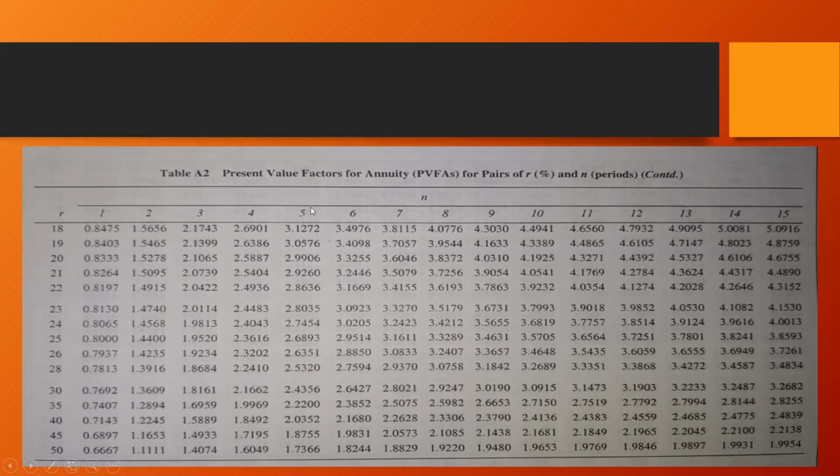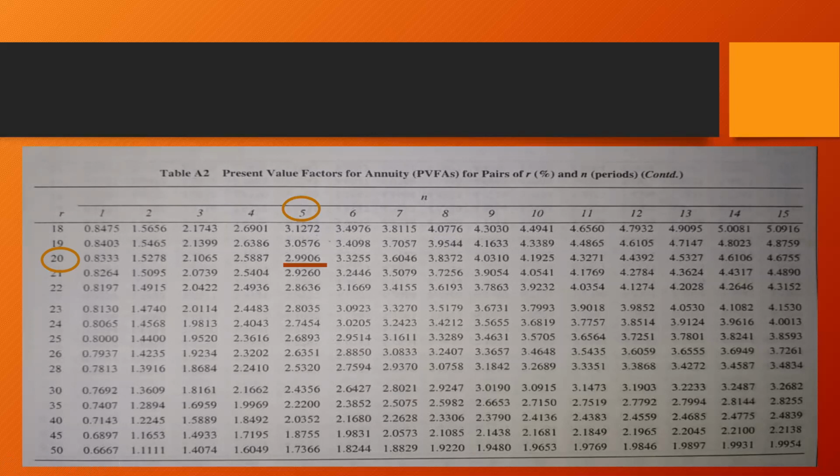What we need is the value during the 5th year. So we'll calculate this particular column for that. And the rate of interest which we are assuming is 20%. So we will calculate the present value annuity factor of 5 years at 20%. From the table, it is clear that the value is 2.9906.